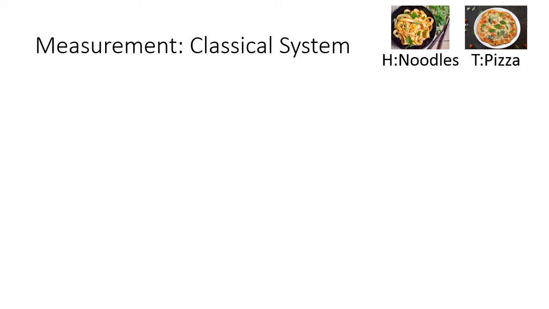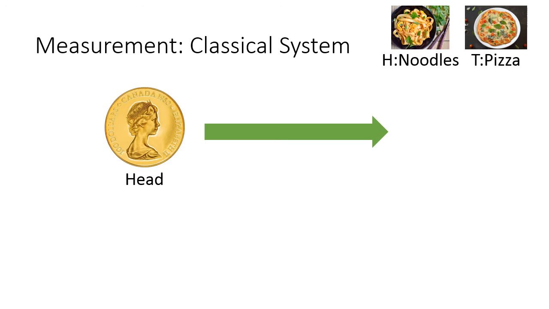After Alice wakes up, in order for her to find out what Bob wants to eat, she needs to take a look at the coin. So Alice finds out that it is a head. The action of looking at the coin is a form of measurement in order to retrieve the physical state of the coin.